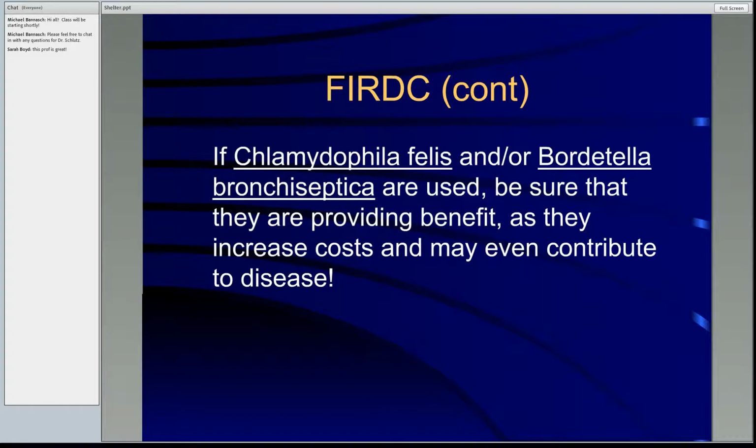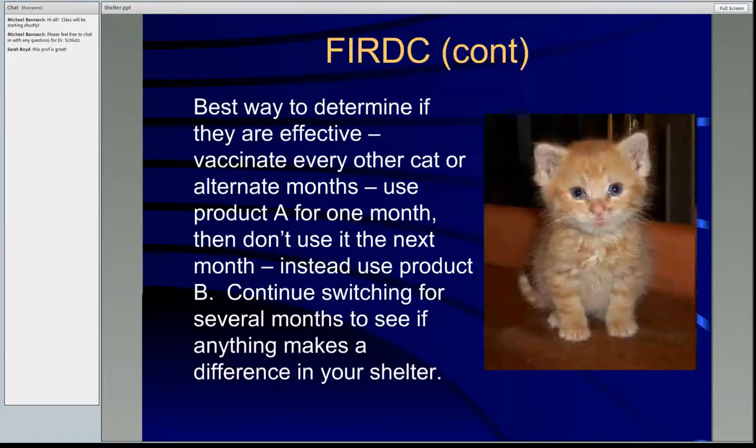And if so, then for sure use that product, because in that environment it seems to be working. But you can only determine that for yourself, and that's where you have to set up these trials to know whether there's going to be any benefit. Because cost is always an issue. If you don't need to give something, you don't want to give it. One, it costs more. Two, it can create adverse reactions that you really don't want to create.